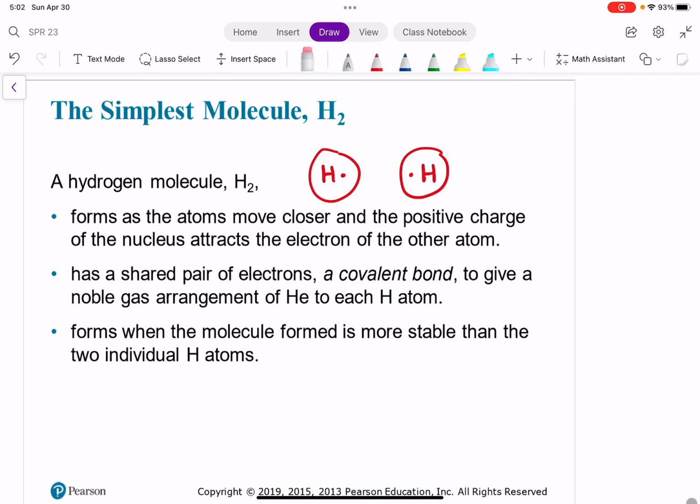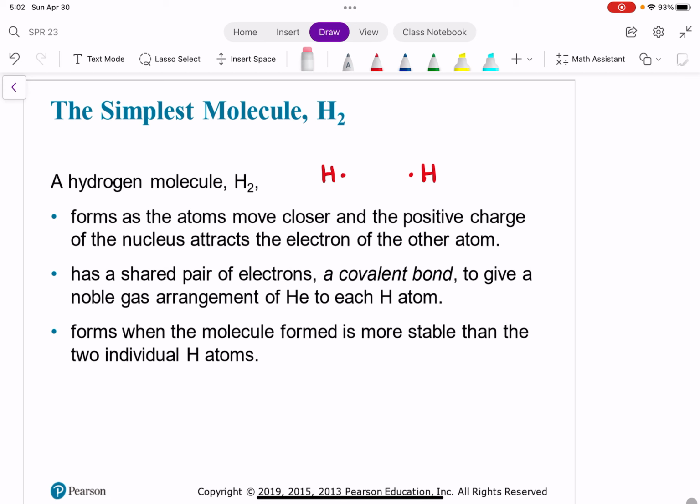Why do they want to share those electrons? Well, they want full valence shells. And remember, for hydrogen, the closest noble gas is helium, and helium has a full valence shell. So even though it doesn't have an octet of 8 electrons, it does have a full valence shell, because remember, that first sublevel, 1s, can only hold 2 electrons. So to be full means to have 2 electrons for that energy level.